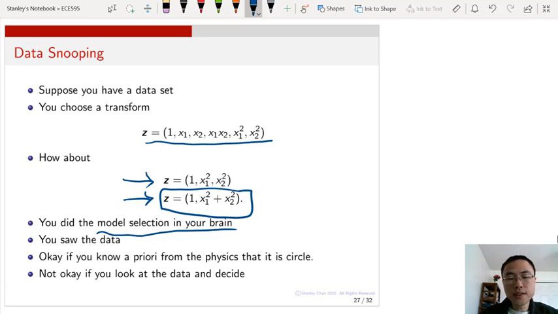Now, if you have not seen the data set, and if you just choose between these three according to your prior experience with the data, this is all fine. However, if you have actually looked at the data and then you choose the model, then this is not okay.